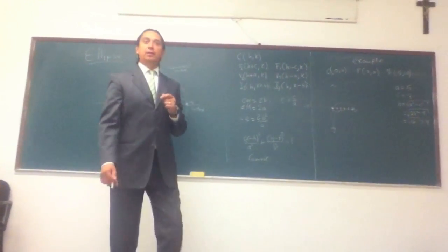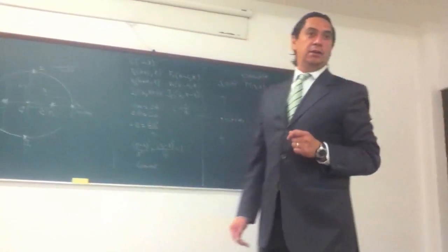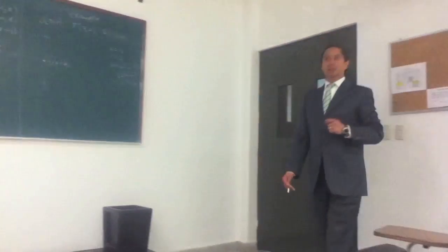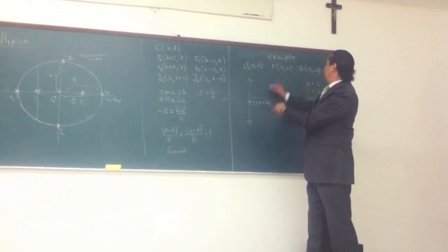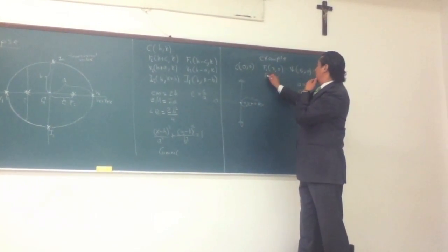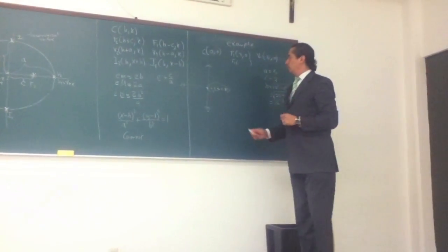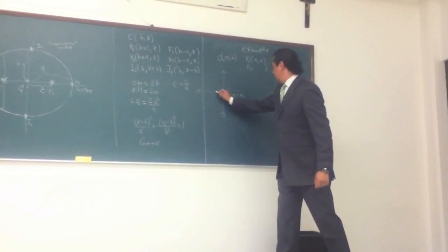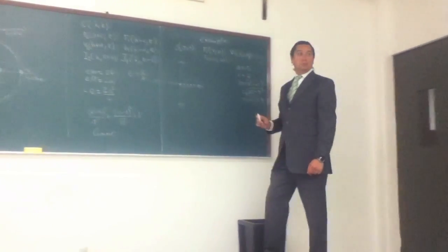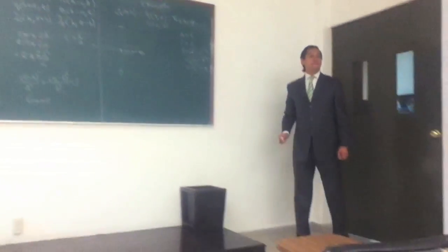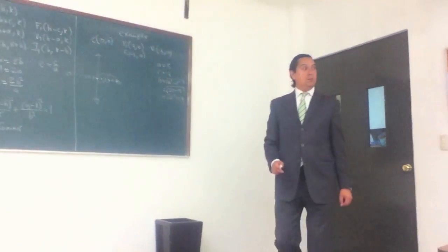Do we agree? Yes? Everybody, do we agree? Yes. Okay. Then, for the other focus, if this focus is focus 2, the coordinates of focus 1 must be (-3, 0). Do we agree? Any question?